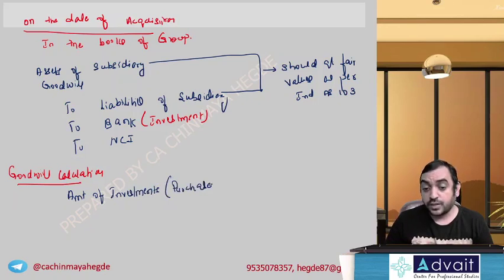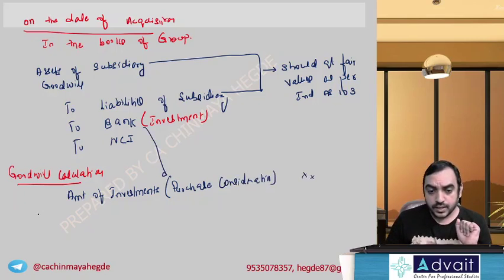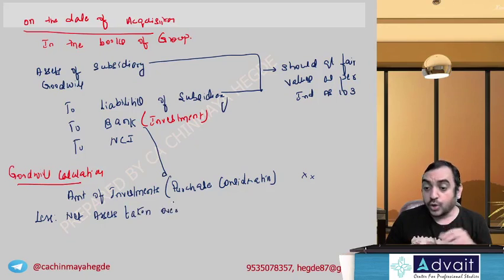If you remember the word in AS 14 terms, like amount paid, purchase consideration. This amount, XXX, less net assets at fair value, or net assets taken over, on the date of acquisition.